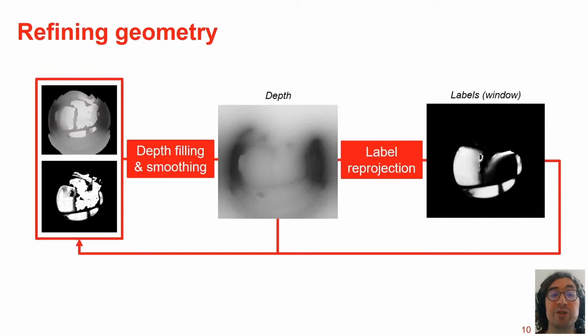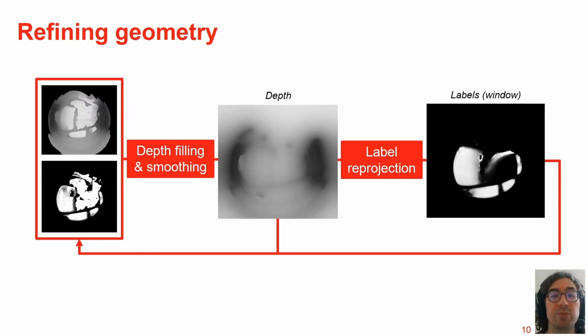This choice of parameterization allows us to refine the depth map using standard 2D operations, such as Poisson filling. We can also reproject the semantic labels in the same space and use them to detect which regions should be filled. We perform hole filling by solving a diffusion problem guided by the semantic map.